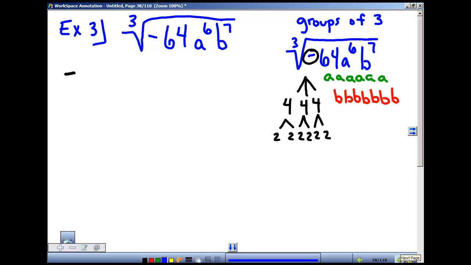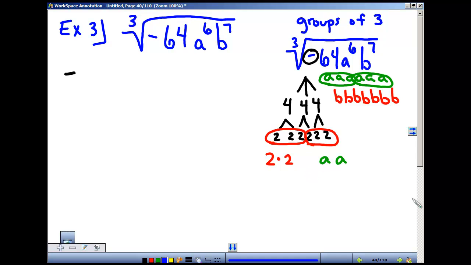Now break these up into groups of 3. There are 3 2's right here, so that pulls out front of the radical symbol. There are also 3 more 2's, so that comes out. And there's no more 2's, so there is nothing left under here. There are 3 A's and 3 more A's, so I will pull each one of those out separately.